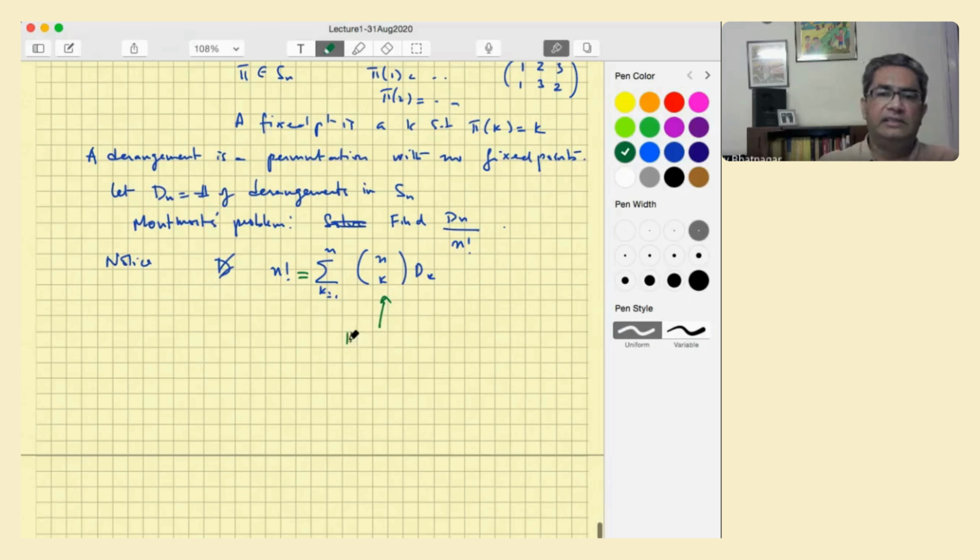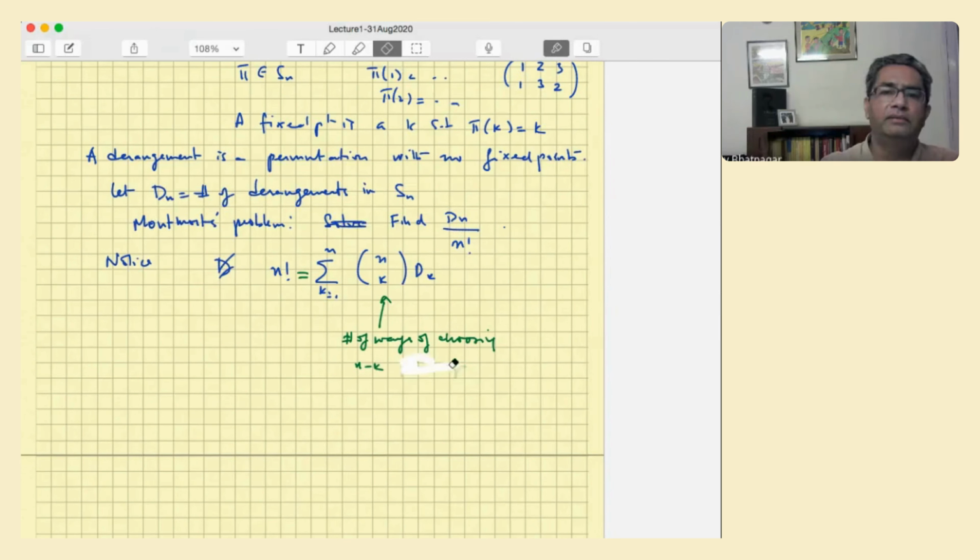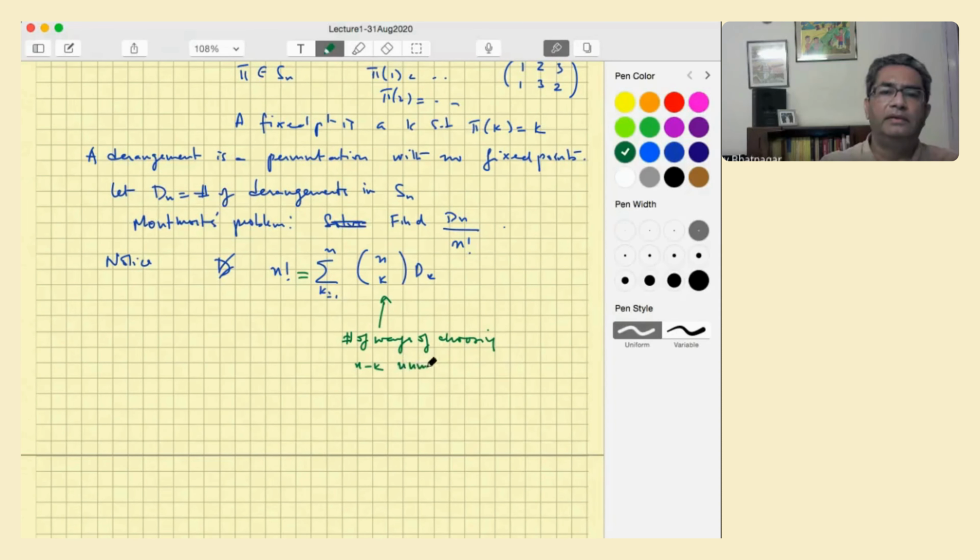This is the number of ways of choosing n minus k points, numbers from In.